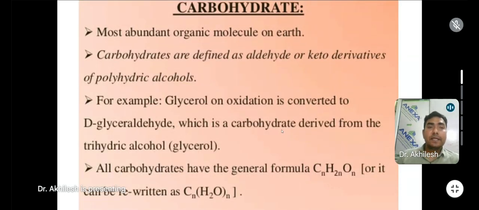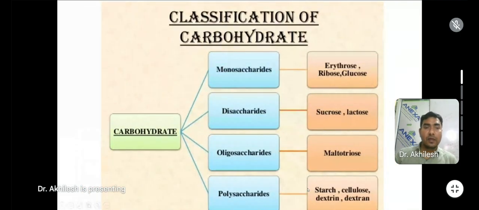You know that carbohydrate, why we give so much emphasis on carbohydrate, is because it is the most abundant organic molecule on earth. Chemically, it is a polyhydroxy aldehyde or ketone, and it has a common formula by which we can represent carbohydrates.